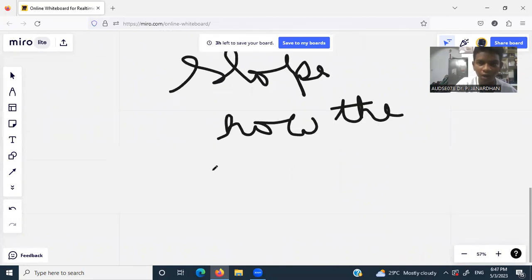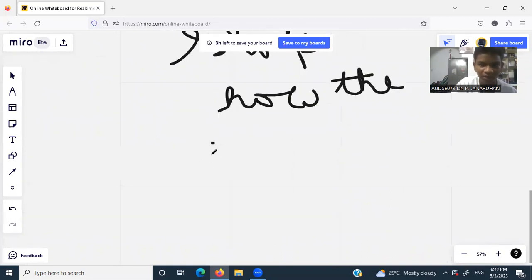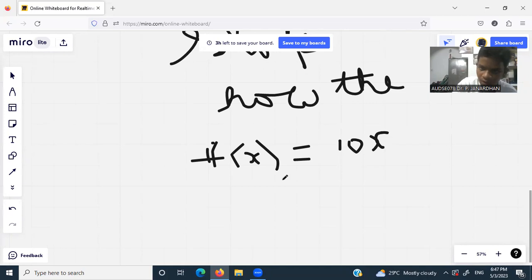For example, to understand this, let's say there is a function f of x, which gives us a value of 10x. What we are going to do is see how this output 10x will change if there is a slight change in the input x.